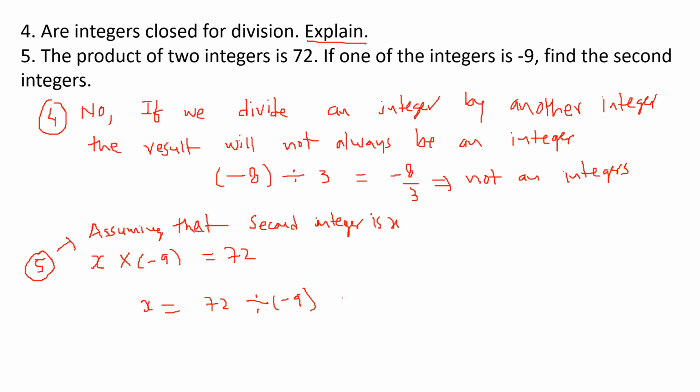So 72 divided by minus 9, since they are different signs, 72 is positive, 9 is negative, so the answer will be negative. We remember that rule: if they are opposite signs, the answer will be negative. And if you divide 72 by 9, the answer will be 8, because 9 times 8 gives you 72, right? So this is the answer. You can write the answer in words also: the second integer will be minus 8.